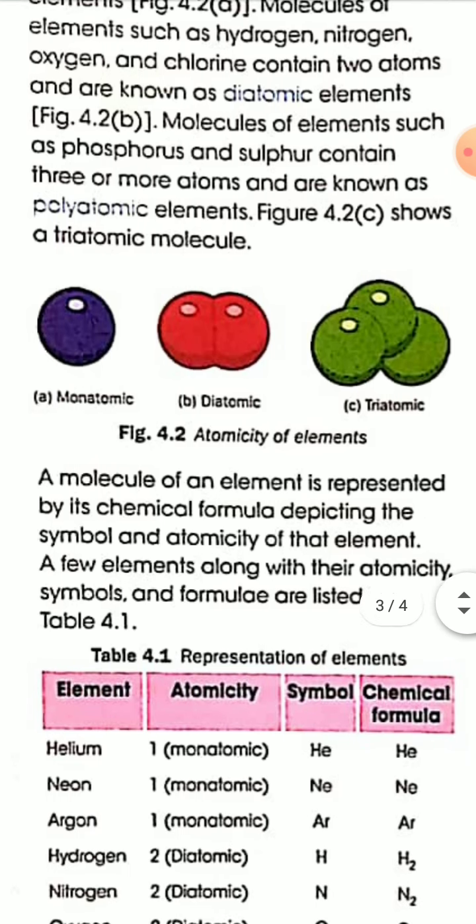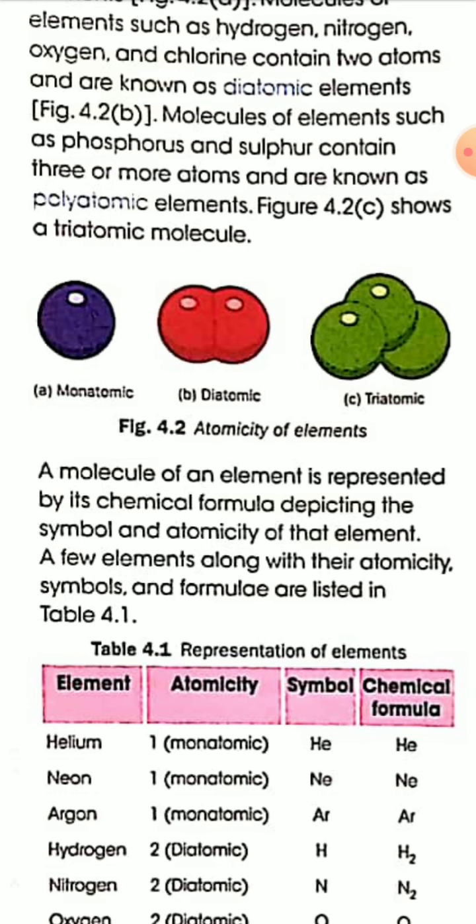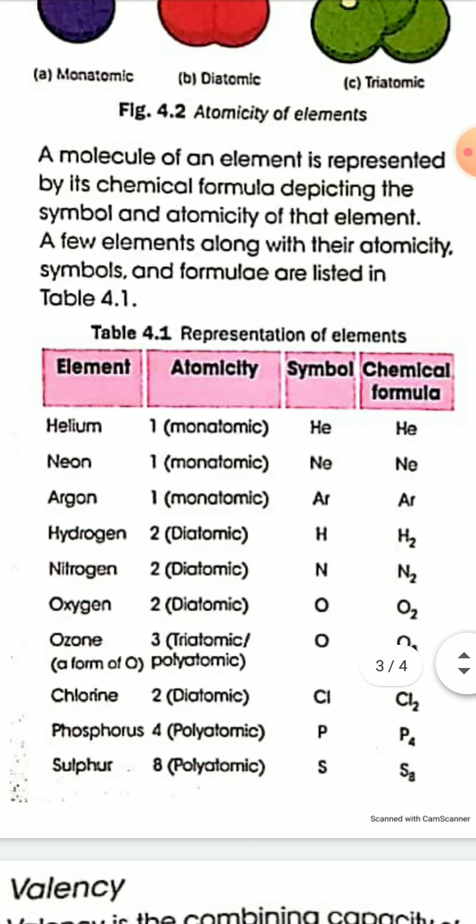Figure 4.2 shows a triatomic molecule. 4.2C is a triatomic molecule, 4.2B is a diatomic molecule, and 4.2A is a monoatomic molecule, which contains only one atom. Diatomic molecules contain two atoms and triatomic molecules contain three atoms. A molecule of an element is represented by its chemical formula.